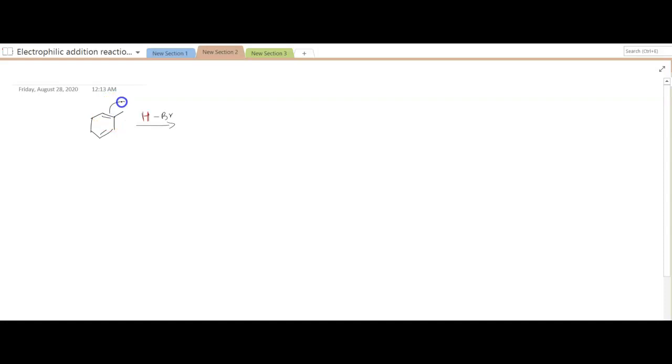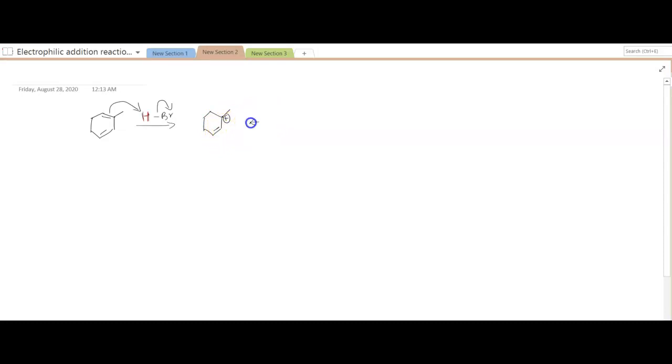In the first step, the double bond attacks this hydrogen atom, resulting in the formation of a carbocation. The carbocation will be formed at the more substituted carbon atom, which is this one. Now this is the allylic carbocation.